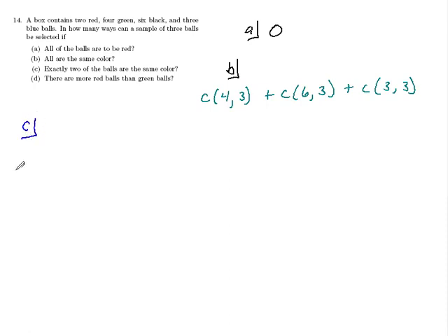How many ways can we get exactly 2 of the balls the same color? So if we think about this, this is 2 red and 1 other. Or 2 green and 1 other. Or 2 black and 1 other.